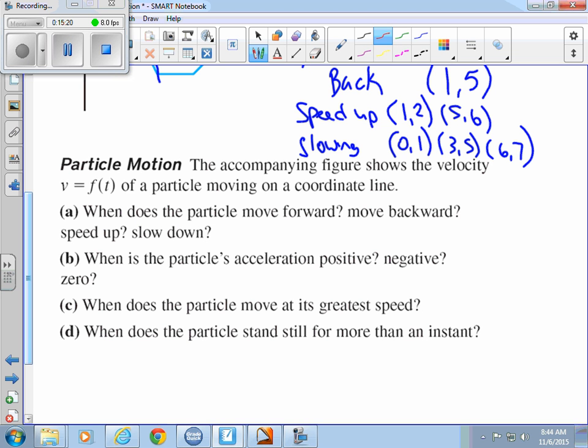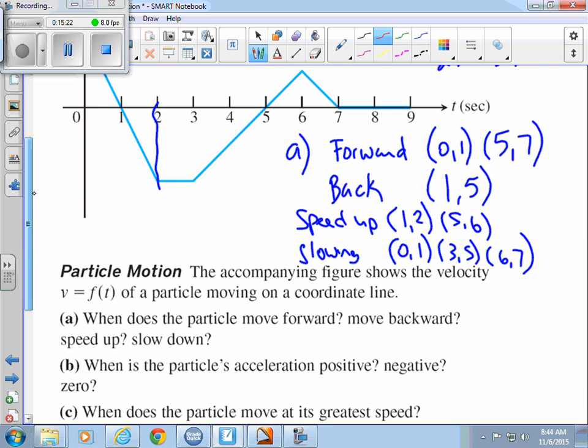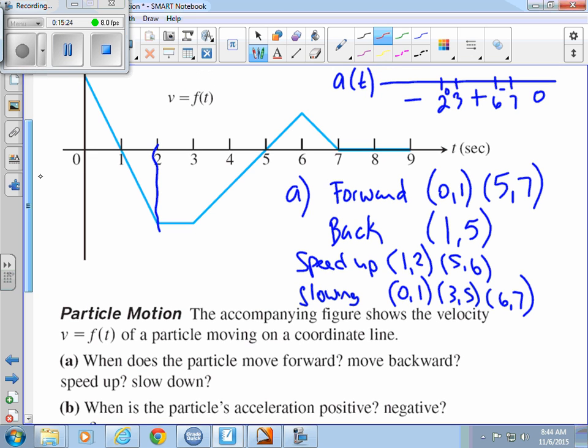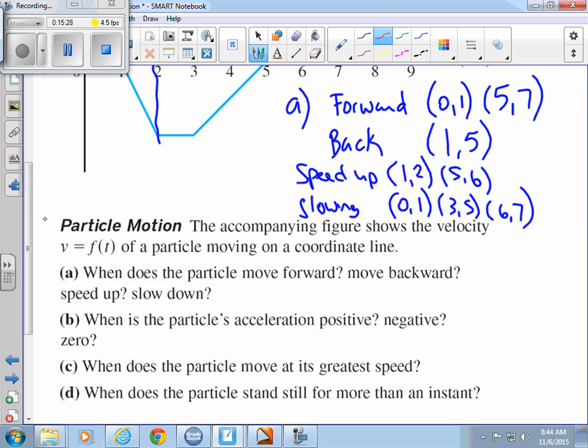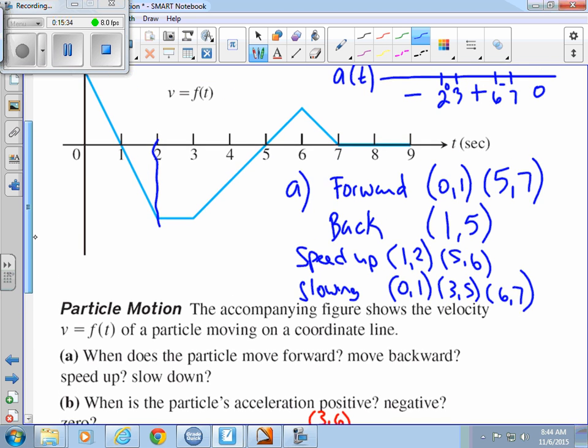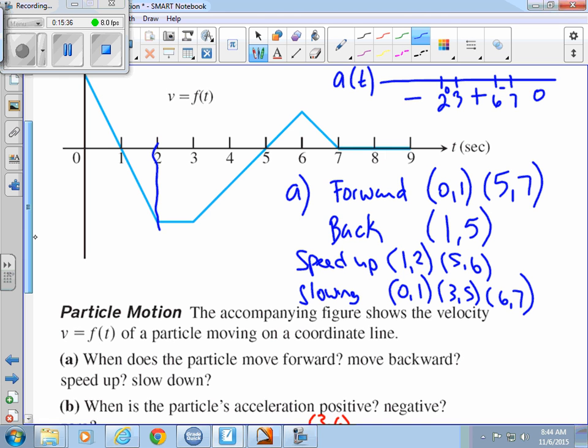So we are positive from 3 to 6. Negative from 0 to 2 and 6 to 7.